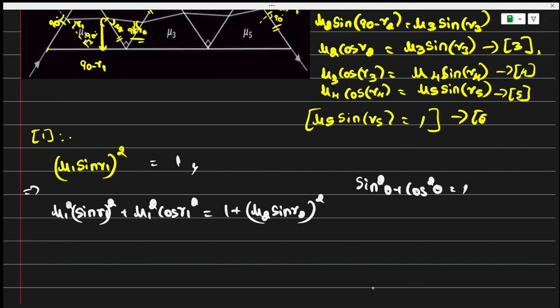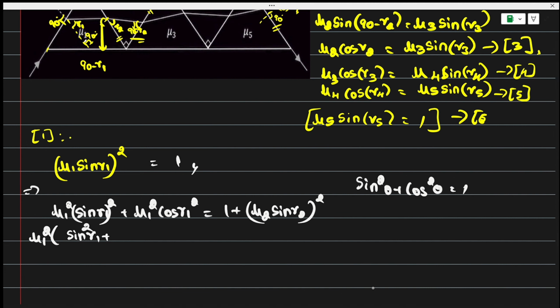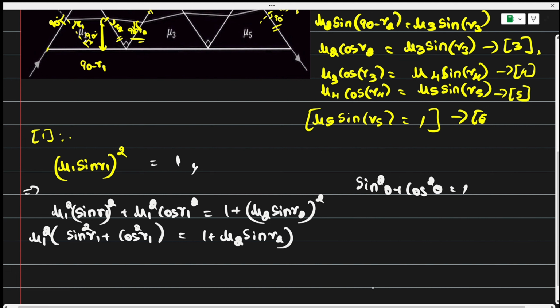Let's use the same formula here. So mu1² (sin² r1 plus cos² r1) equals 1 plus (mu2 sin r2)². Now mu1² equals 1 plus (mu2 sin r2)².